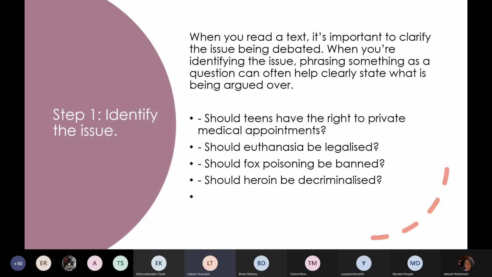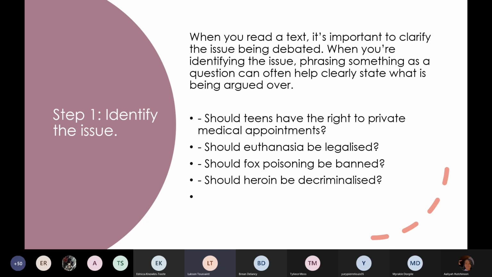So it is, at the end of the day, the author's opinion about that particular issue. Remember we said we identify the issue. So let's say teens have the right to private medical appointments would be the issue.